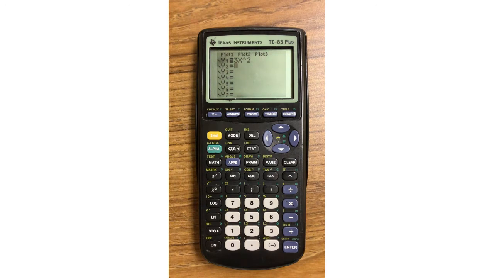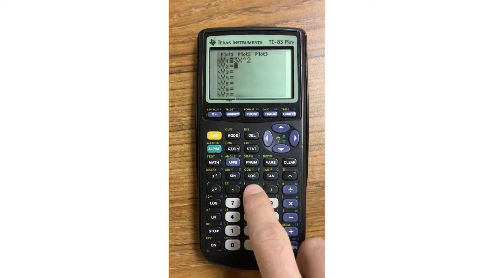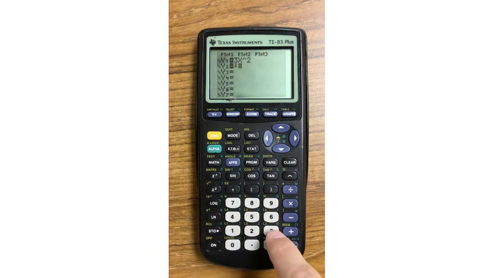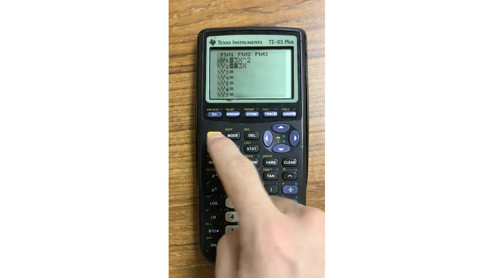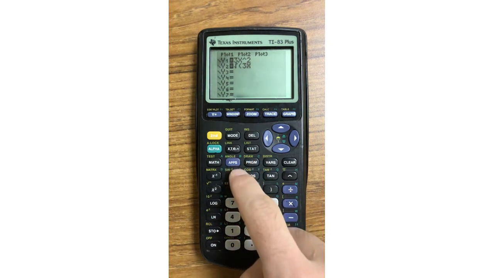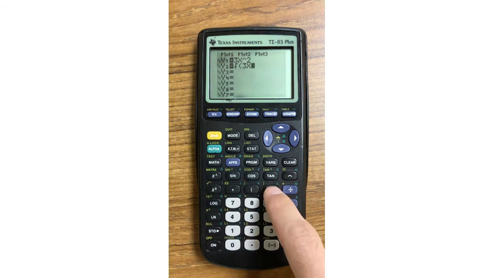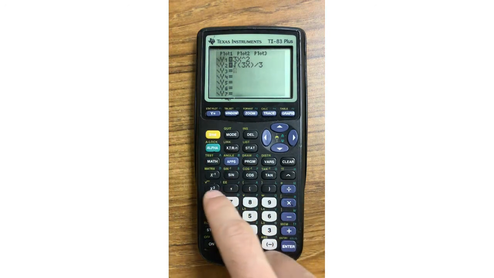Then, since I have 2 different functions here for my inverse, I say y is equal to the square root of 3x, close parentheses, divided by 3, and then once again hit second, and then this button right here for the square root symbol.